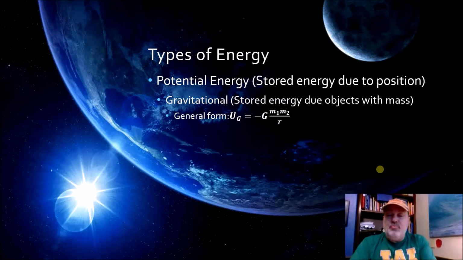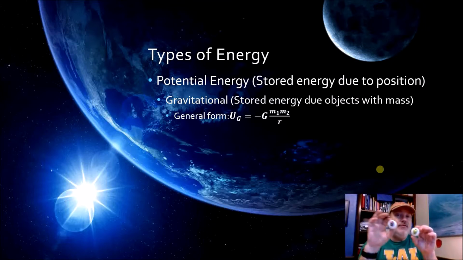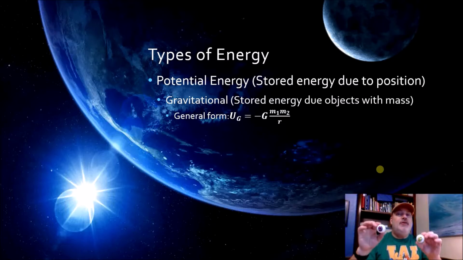For planets, okay, we have two planets. The gravitational attraction between the two determines how much gravitational potential energy they have. One planet by itself cannot have potential energy. You must have two interacting objects that pull on each other.